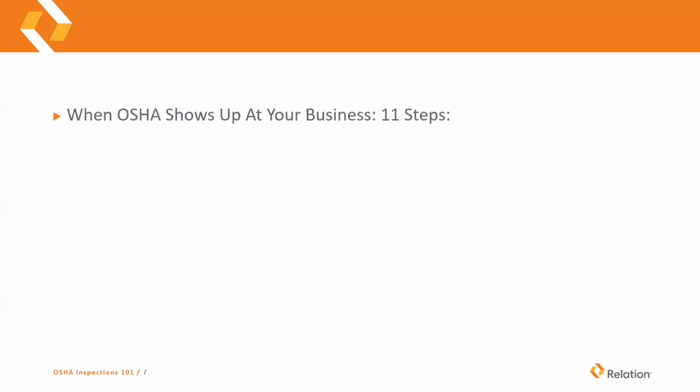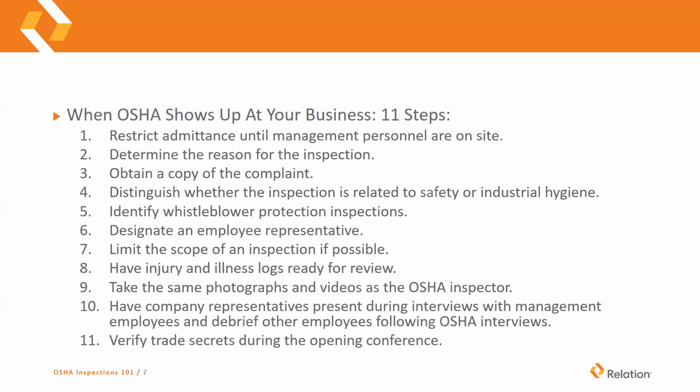So when OSHA shows up at your business, there are 11 steps. We're going to go through these, but I'll just read them off. Restrict admittance until management personnel are on site. Determine the reason for the inspection. Obtain a copy of the complaint. Distinguish whether the inspection is related to safety or an industrial hygienist is coming in. Identify whistleblower protection inspections.